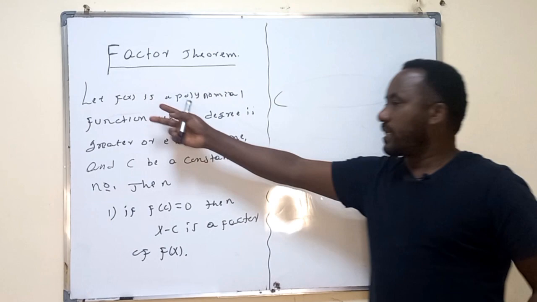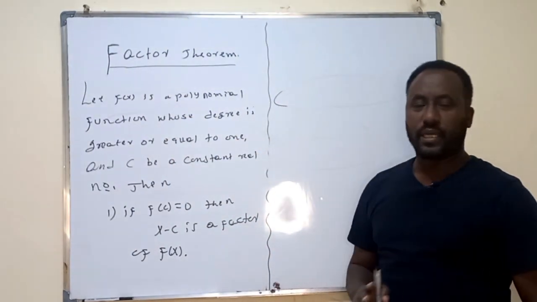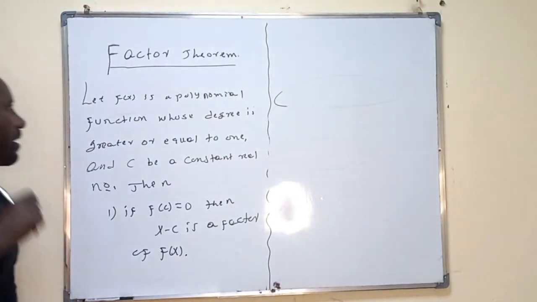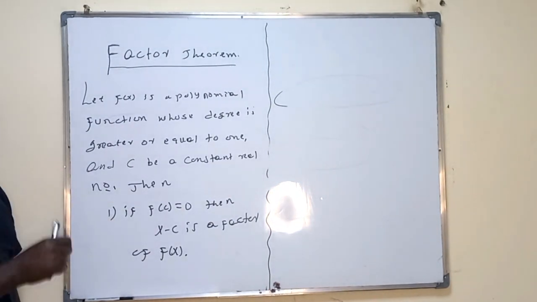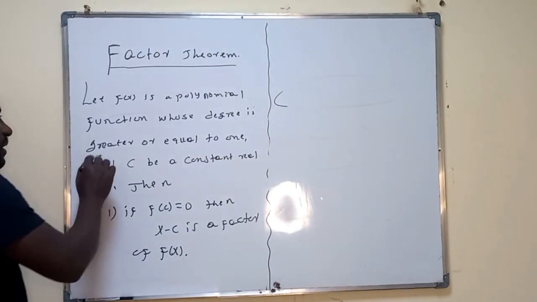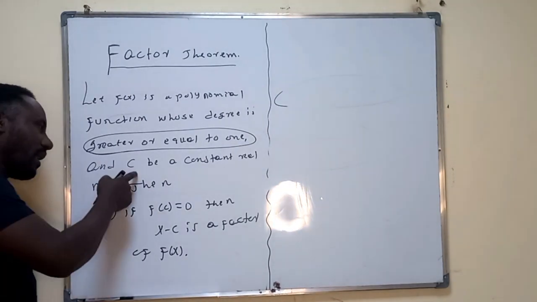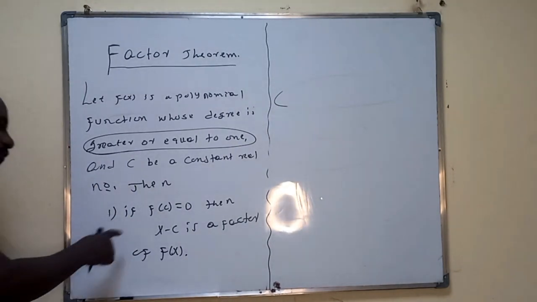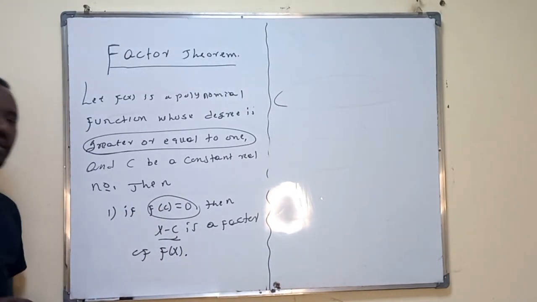This lesson explains it for any arbitrary function f. For any polynomial function f of x whose degree is greater than or equal to 1, and for any constant real number c, if f of c is 0, then x minus c can be a factor of f of x.